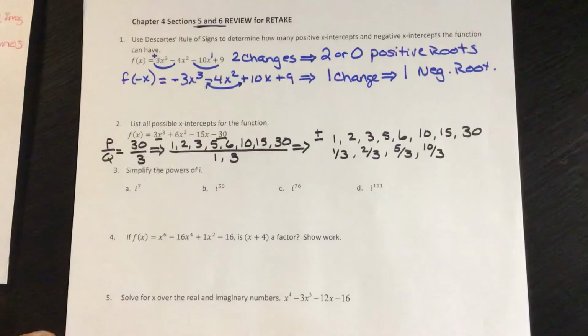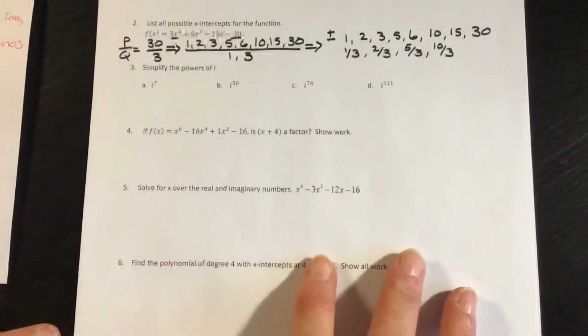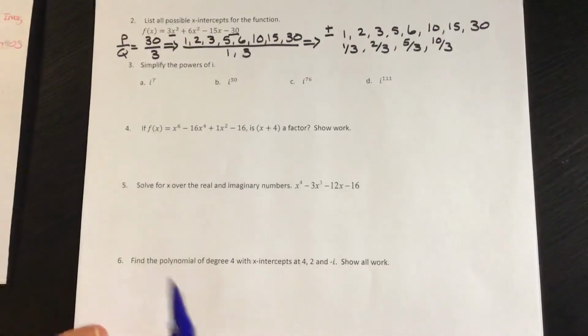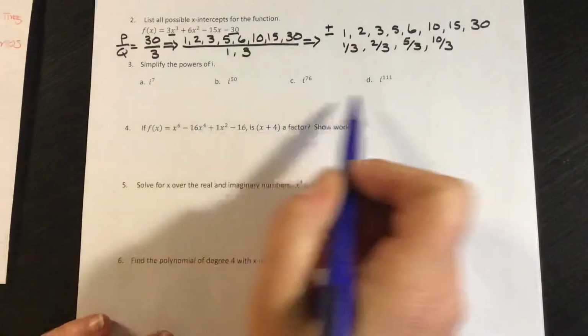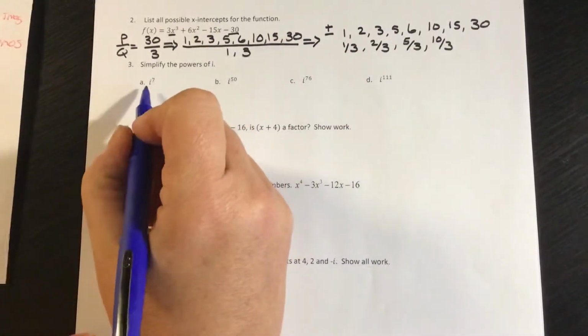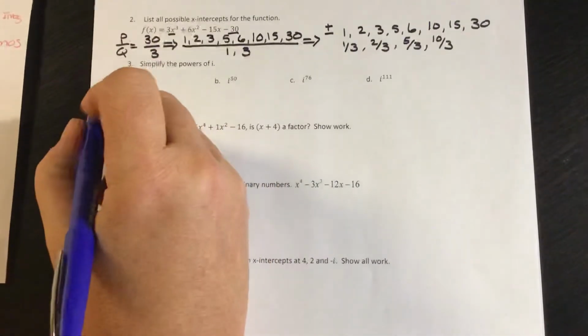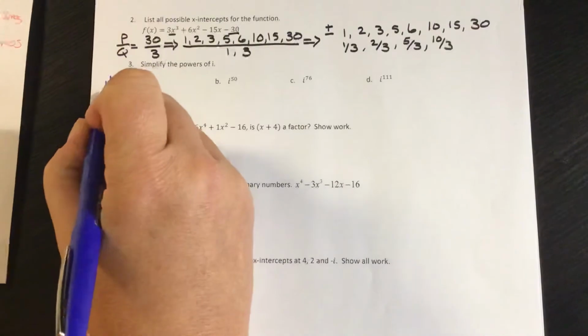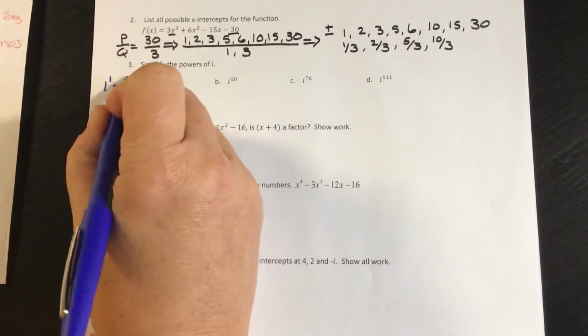Number 3 asks us to simplify the powers of i. So this was not on our first test, but it was in our notes. So just to review this, I'm looking at powers of i. So if I have i to the first power, anything to the first power is just what you start with.